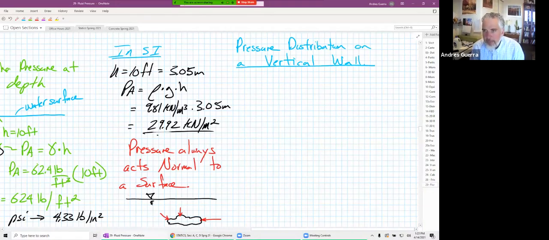I'm going to leave a bunch of room up in this region to draw a three-dimensional view of this, but I'm going to start with 2D down here.